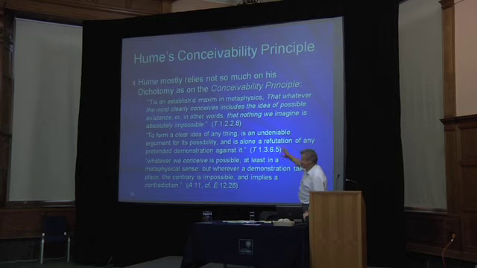Okay, so this is a far more satisfactory criterion than the one based on the dichotomy, saying you can't demonstrate anything that includes inconstant relations. We saw that's just wrong. Whereas the conceivability principle is actually so plausible that lots and lots of philosophers have gone along with it. It is controversial, but it wasn't controversial in Hume's time.